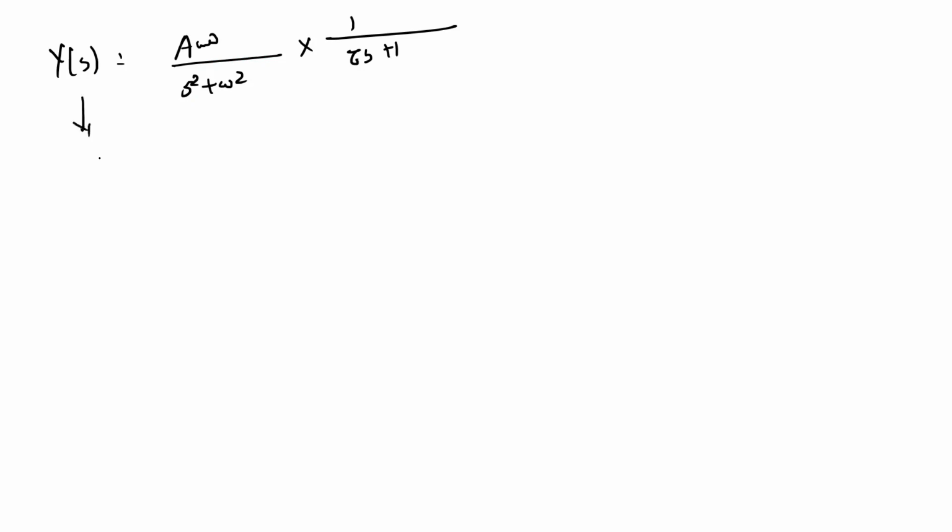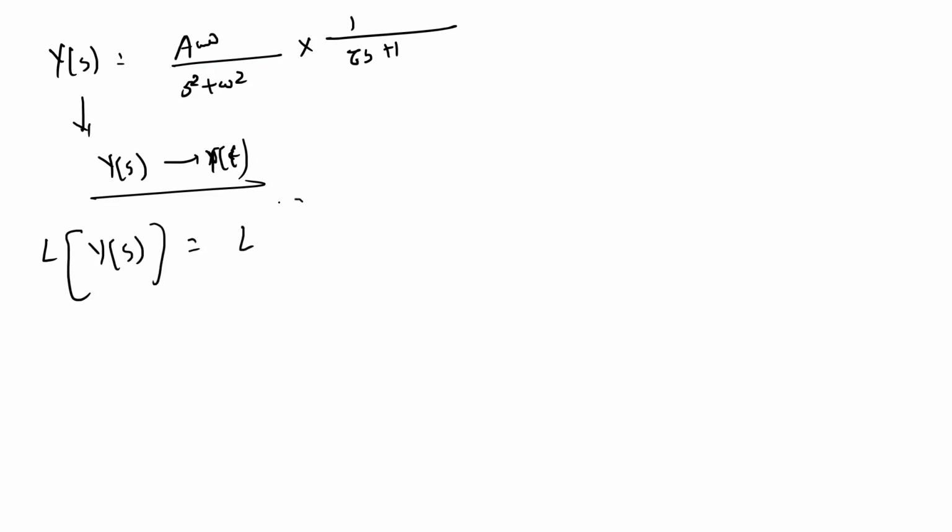So I want to convert that Y(s) into y(t), right? So I'll take the inverse Laplace. I can write the inverse Laplace of Y(s), that is equal to the inverse Laplace of A omega divided by s square plus omega square multiplied with 1 upon tau s plus 1. Fine.